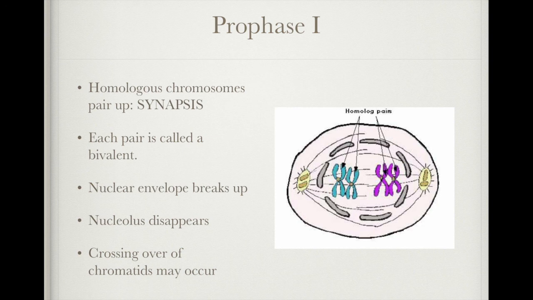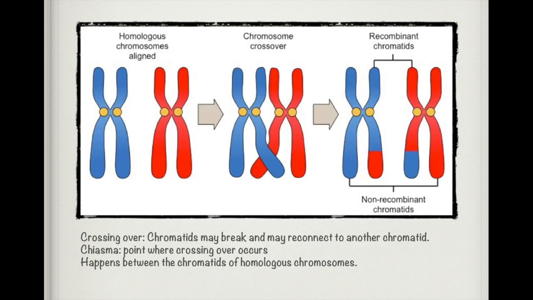It is called crossover, or crossing over. The bivalent shows crossing over. What happens exactly? Some part of a chromatid may break and reconnect to another chromatid.